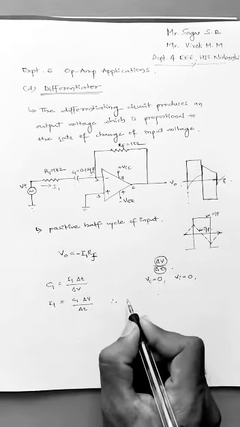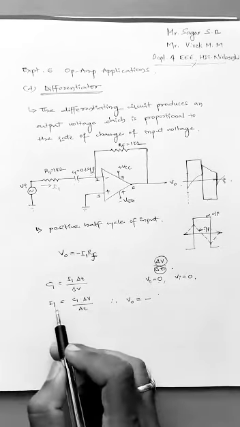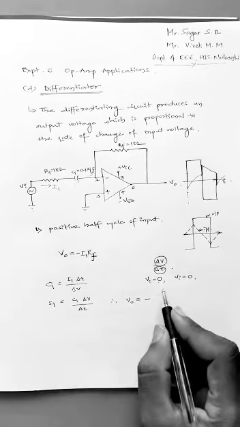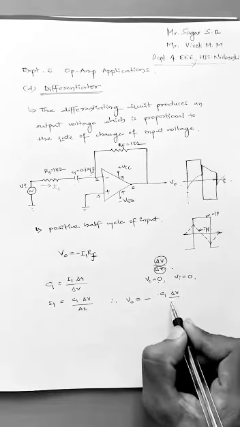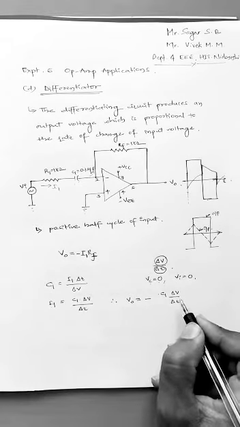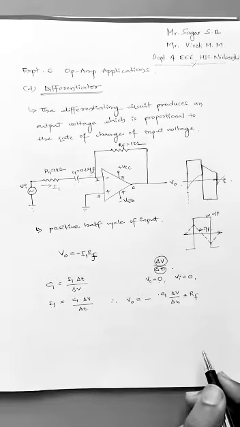Therefore, I can write V0 as minus of, substituting I1 in this equation, minus of C1 del V by del T multiplied by the resistance RF.